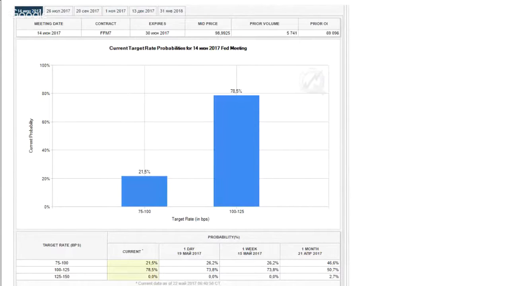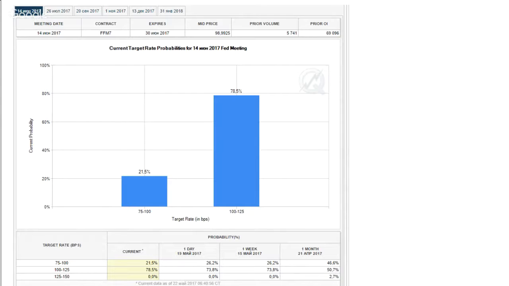Oh, here I have the picture which shows us how the market players estimate the chances of the Federal Reserve's rate hike. This picture had been lost in my slides. And here you can see that the current estimate is 78.5% that the rate will be increased to 125 basis points on June 14th.